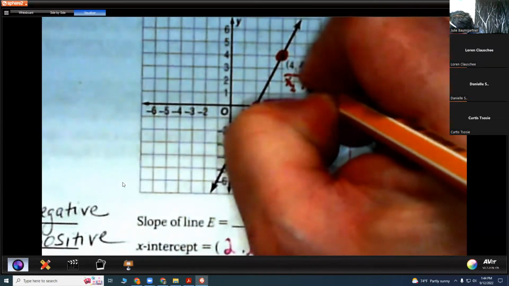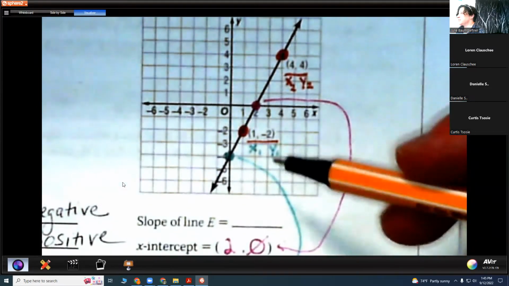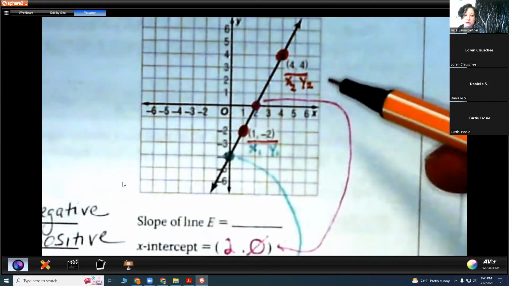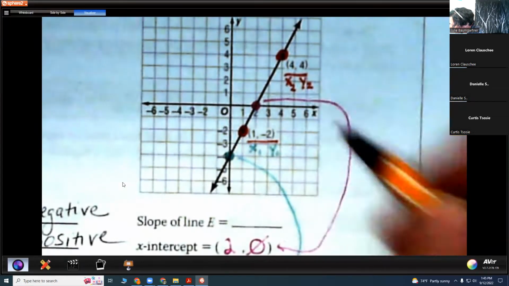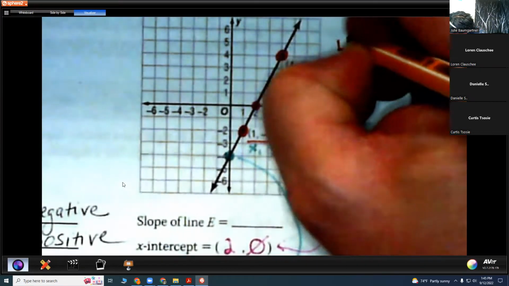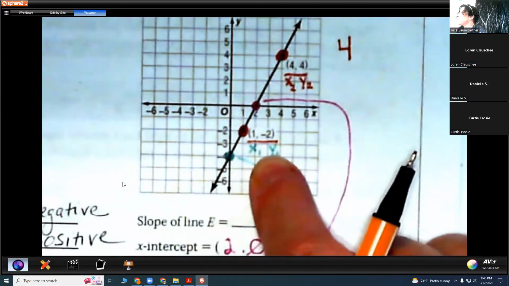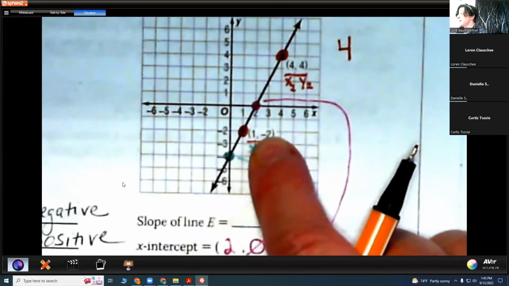Remember, this is just point 1 and point 2. So then I take my y2, which is 4, minus my y1, which is -2.